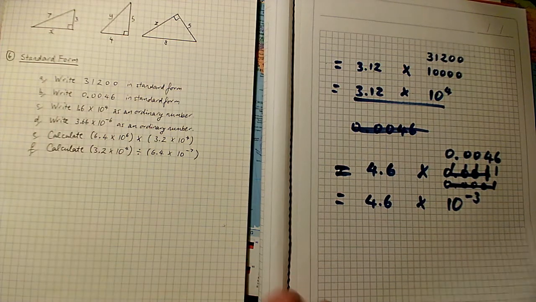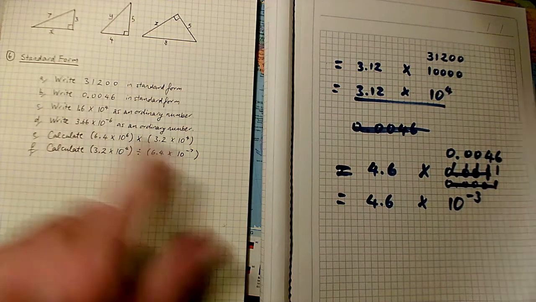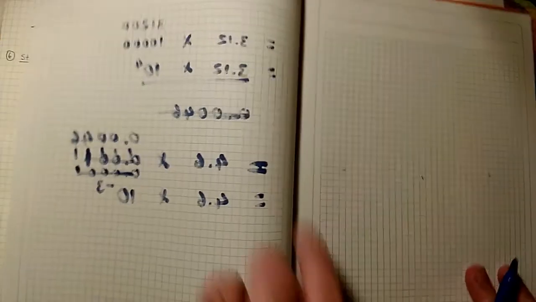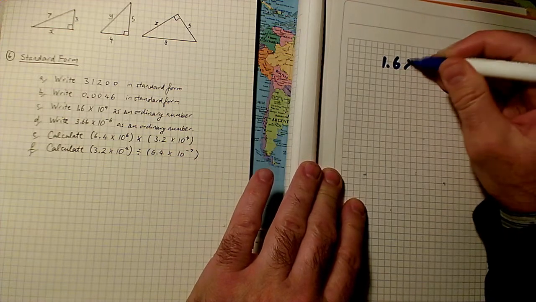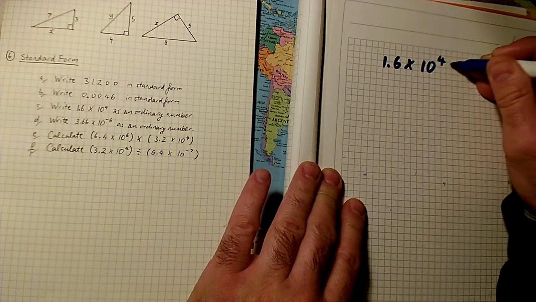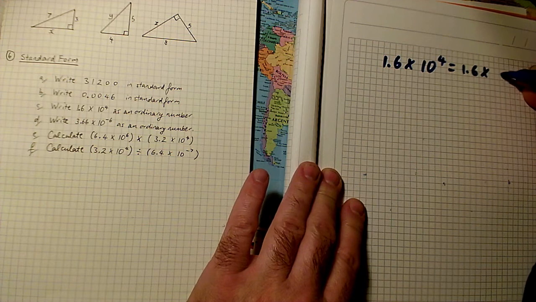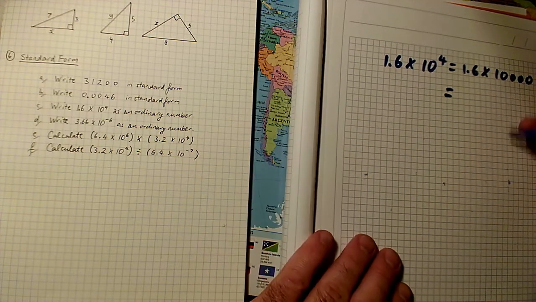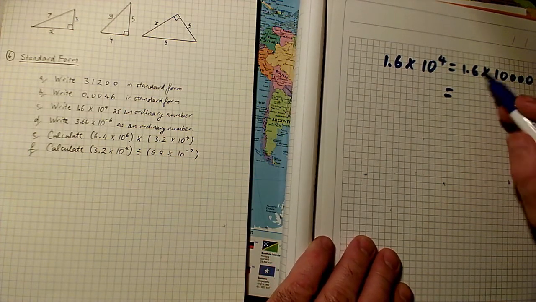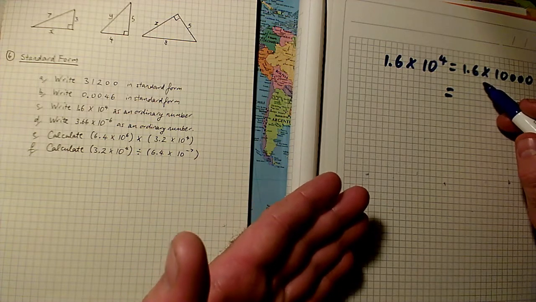Okay, the next question says write 1.6 times 10 to the 4 as an ordinary number. So 1.6 times 10 to the power of 4 is 1.6 times a 1 with 4 zeros. And then again, I like to write my numbers in line. 1.6 isn't much more than 1.